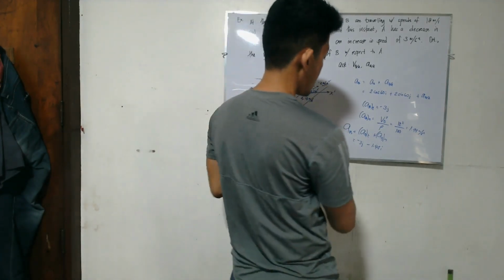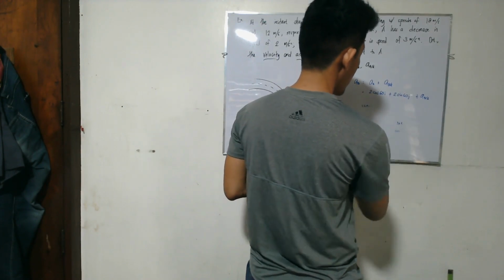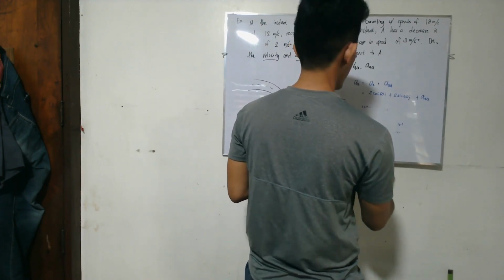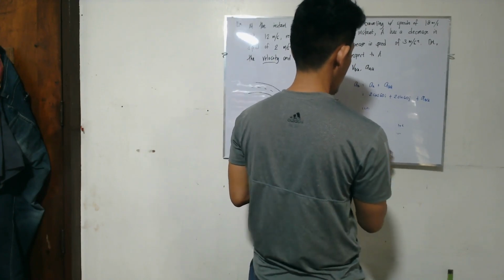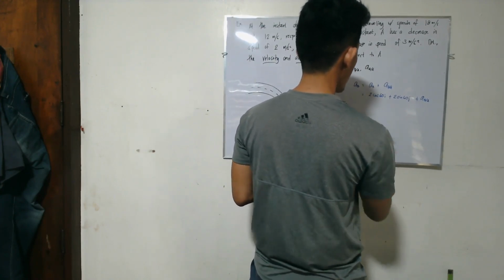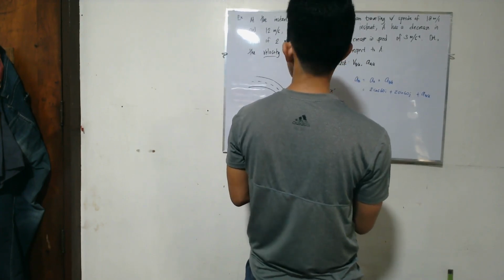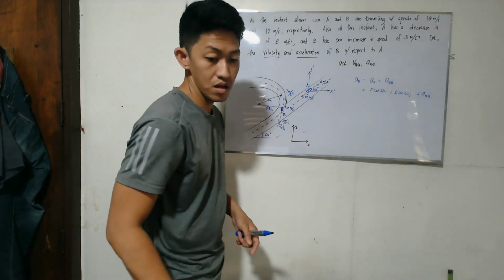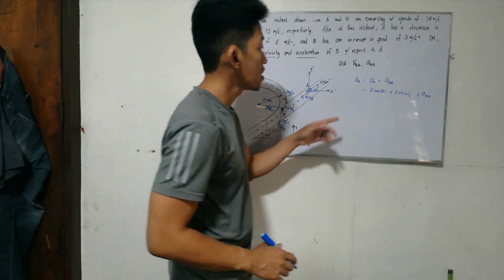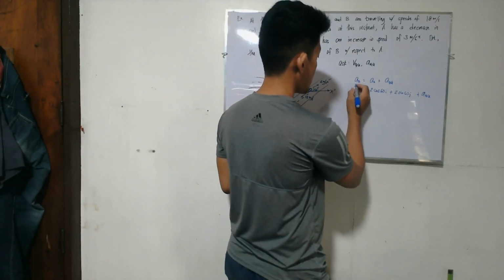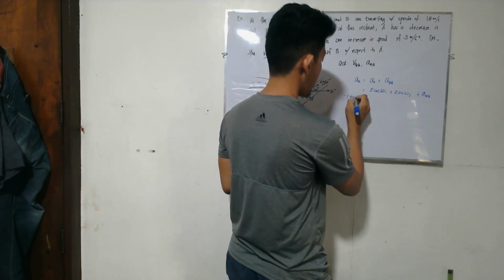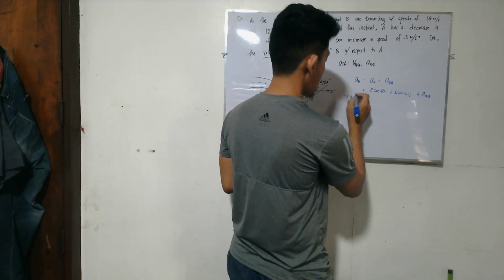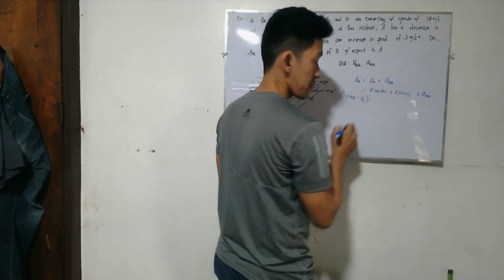The reason. Acceleration of B has a value of negative 1.44i minus 3j. Right?